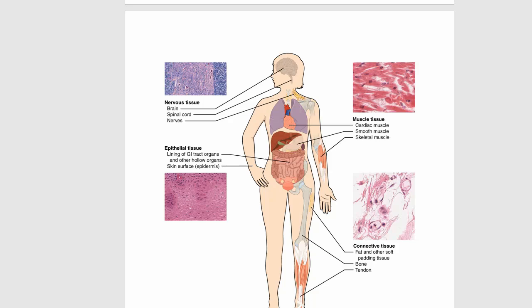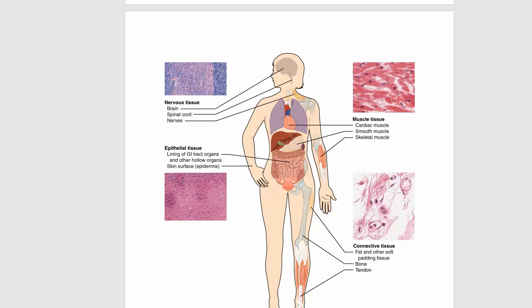These form the brain, the spinal cord, and nerves, and are responsible for transmitting electrical impulses and coordinating sensory input, integration, motor output, that kind of thing. So nervous tissue doesn't include blood.